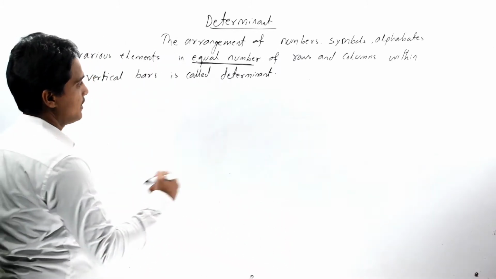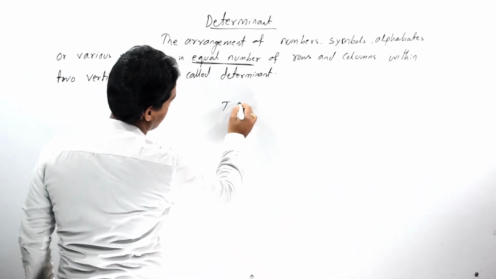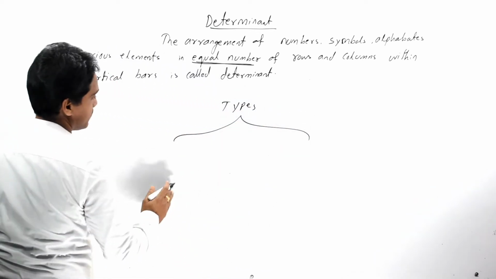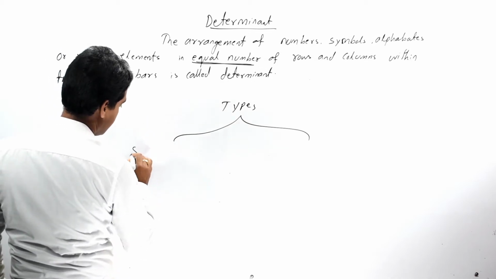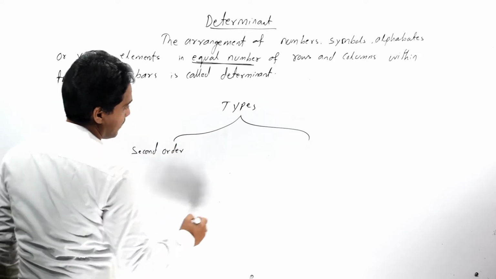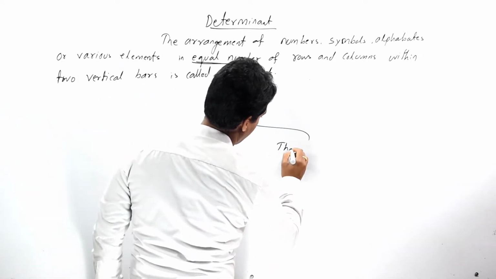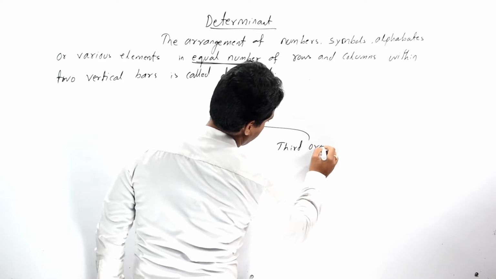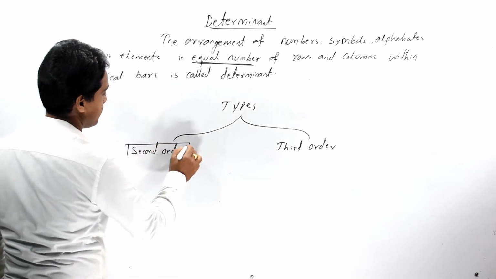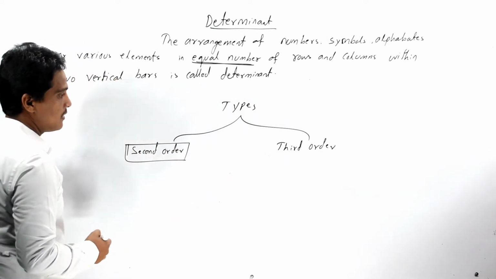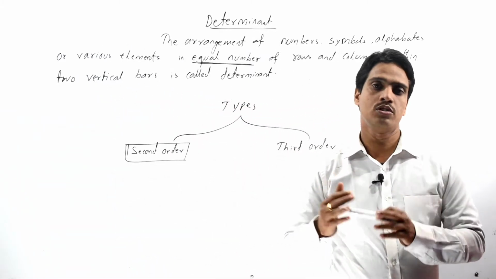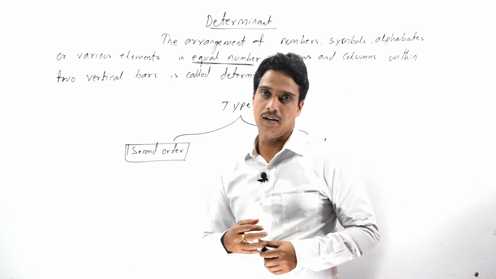But generally determinants are broadly divided into two types, that is second order determinant and third order determinant. The second order determinant means the determinant having two rows and two columns.